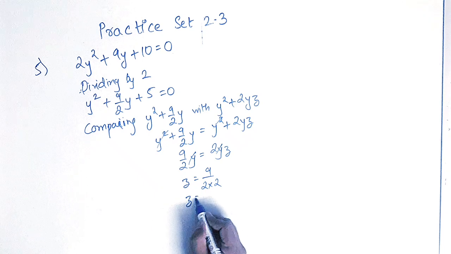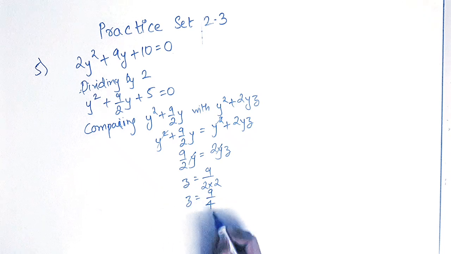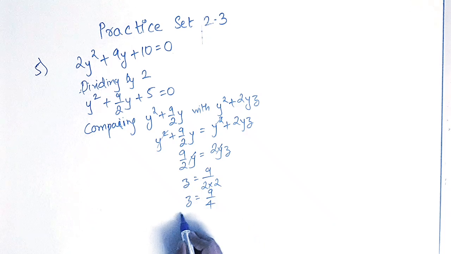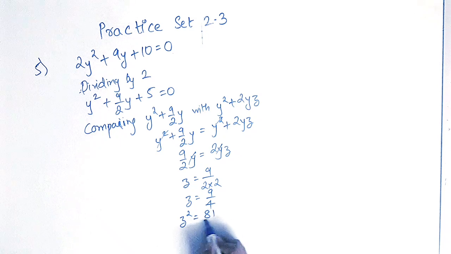So z we got 9 upon 4 because we cannot cancel it. So we are not interested in z. What we want is z square. What is 9 square? 81. 4 square is 16. So how are we going to write the equation?